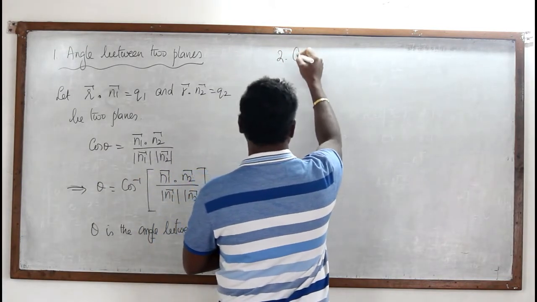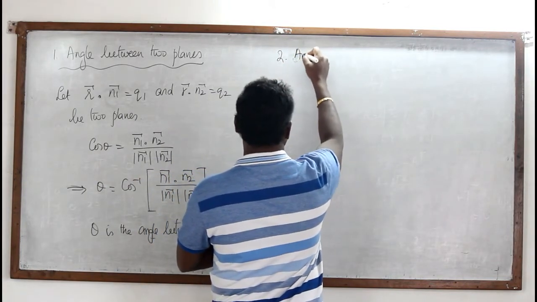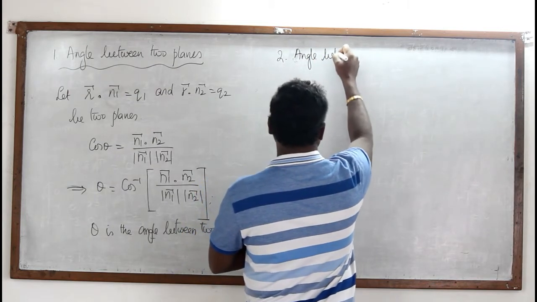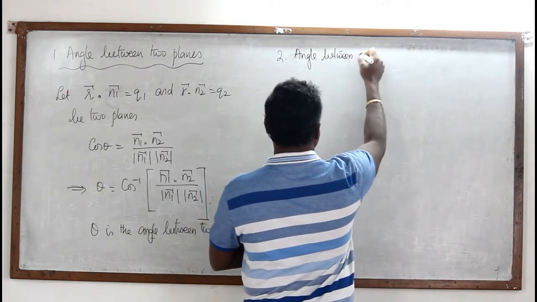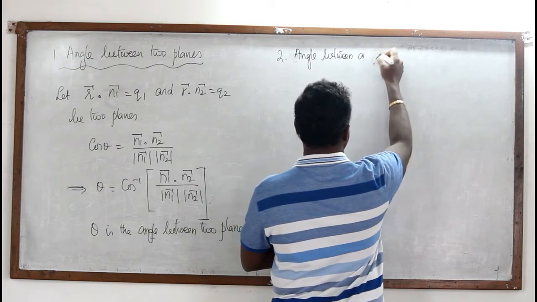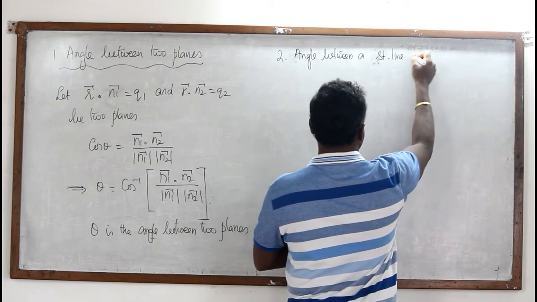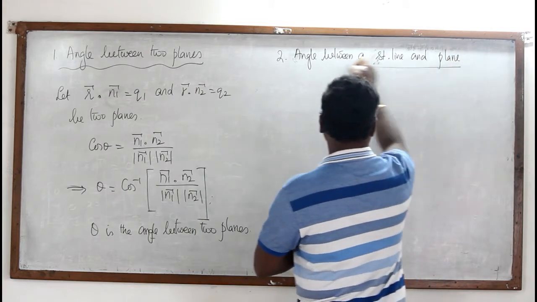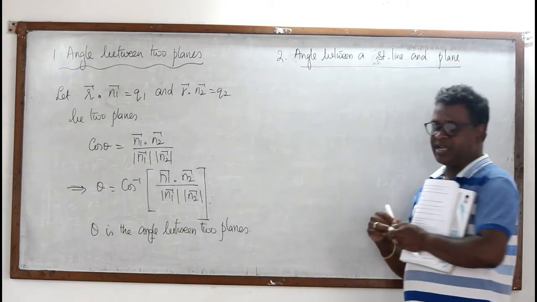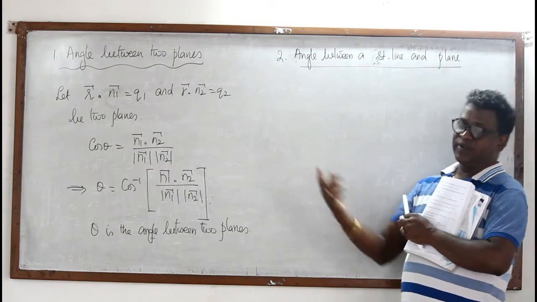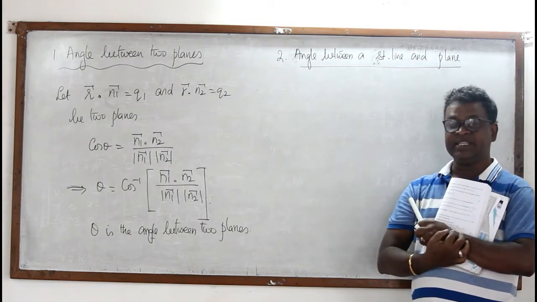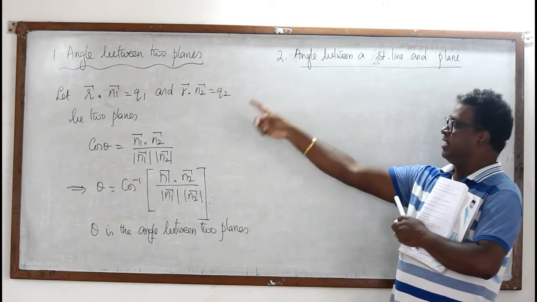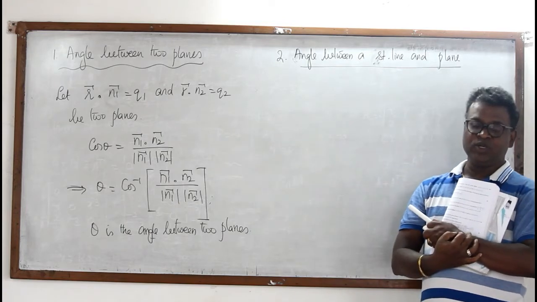Now the second concept, the angle between a straight line and a plane. So with this we know how to find the angle between two straight lines, and now we found the angle between two planes.